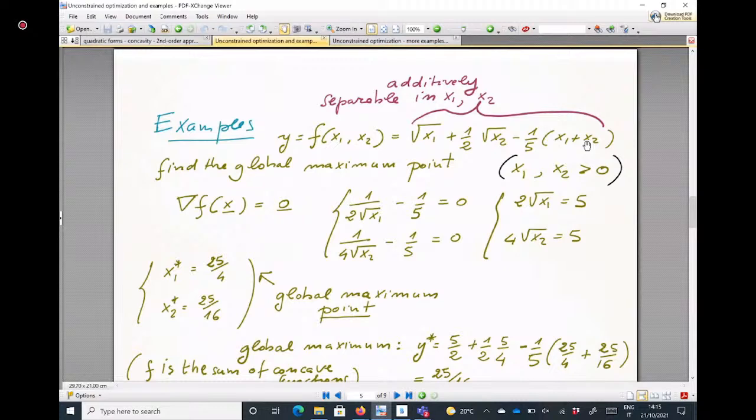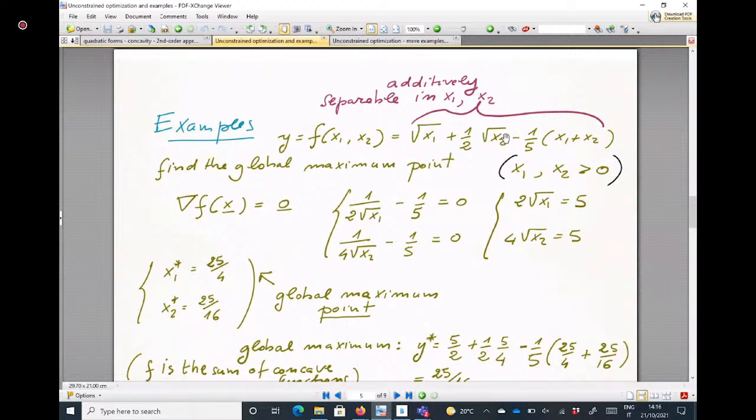Linear can be considered both convex and concave depending on the convenience. They are neutral, basically. They are neutral in terms of concavity. And this means that we have the sum of a concave function of x1. Why? Because the square root term plus the linear term is concave. Sum of two concave functions, okay?